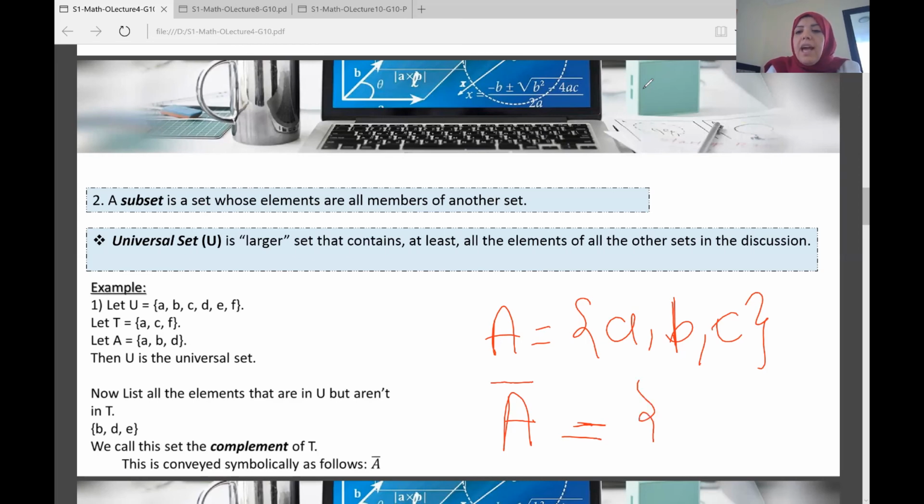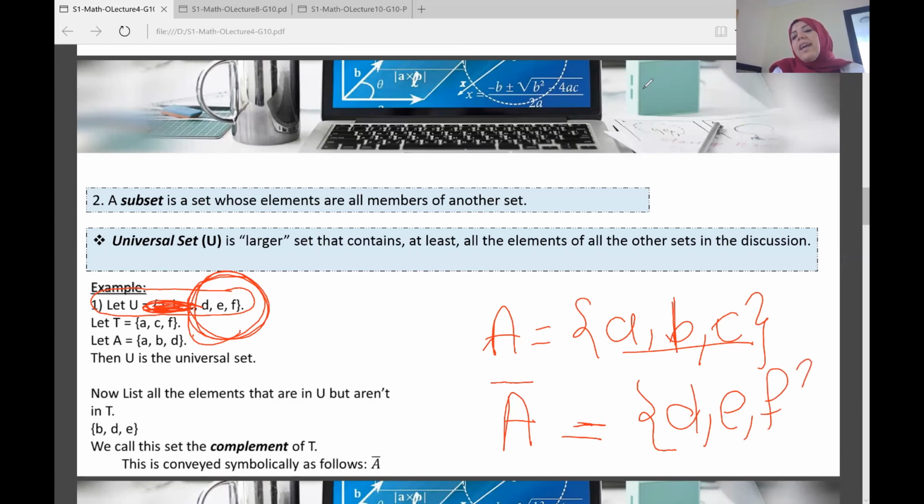Complement means all the elements that are found in the universal set U, but they are not found in A. So if you look back, the universal set is A, B, C, D, E, F. A is already A, B, C. So you cross out A, B, C because they are found in A. What's left is A bar: D, E, F. So again, guys, complement means all the elements that are found in the universal set but not found in the set A. This is the complement, or we represent it as A bar.